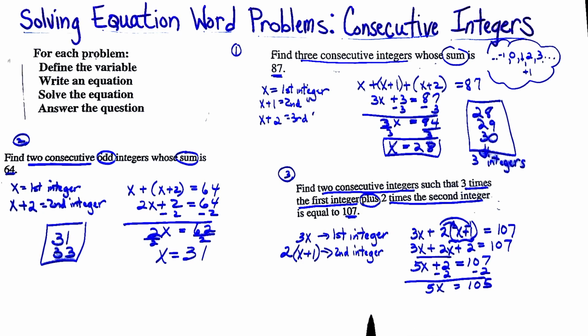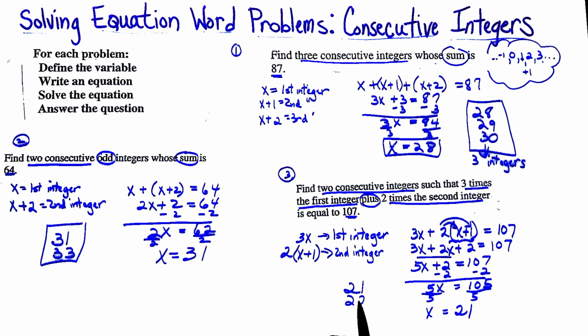And now I'm going to divide by 5. So x is equal to 105 divided by 5, which is 21. That's our x. So when we're looking at this, we know our first integer is 21, and our second consecutive integer is just plus 1, which is 22. So these are the two integers that we were looking for in this problem.